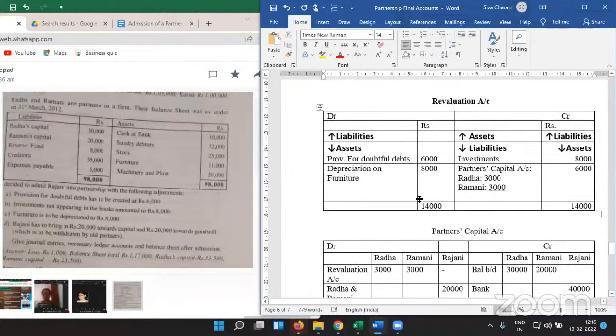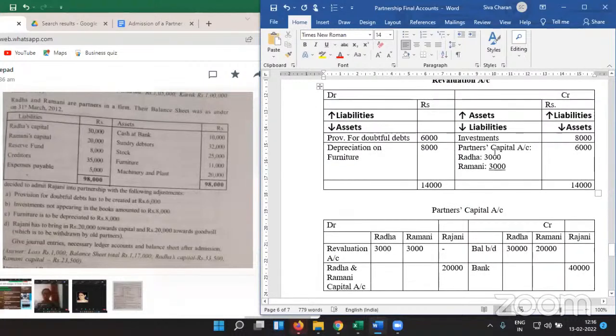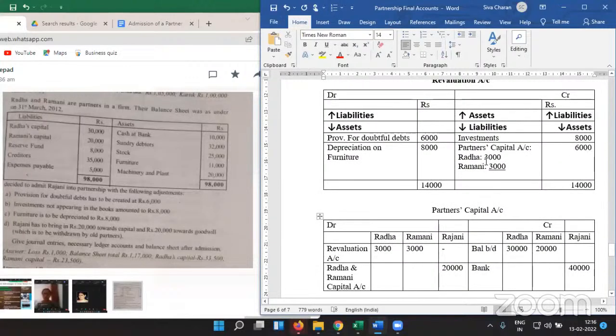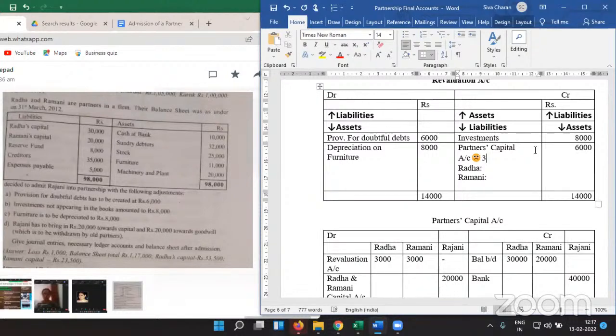Now coming to the revaluation account. The adjustments relating to the assets and liabilities remain the same. Only the distribution of loss changes. Let us do this. 3,000 in a 3:2 ratio.